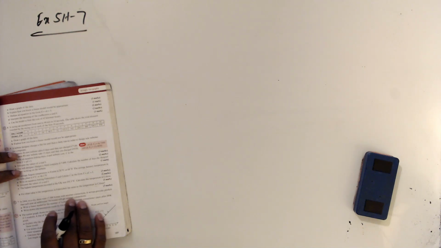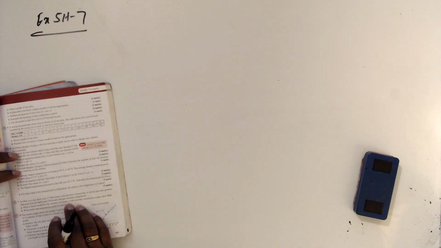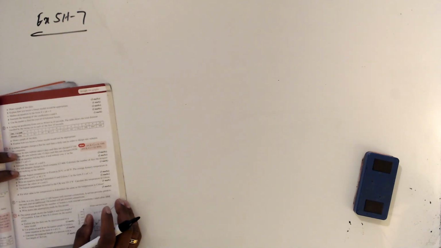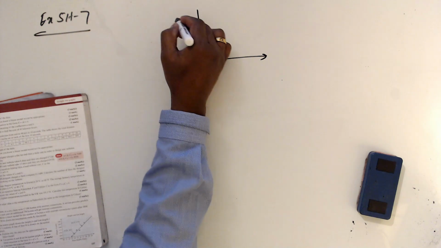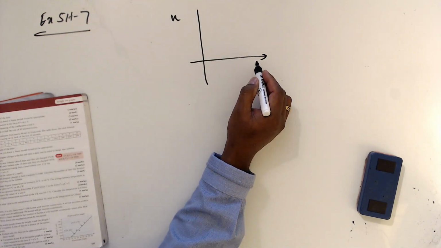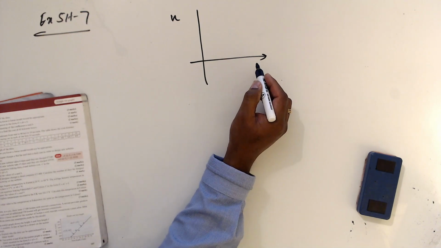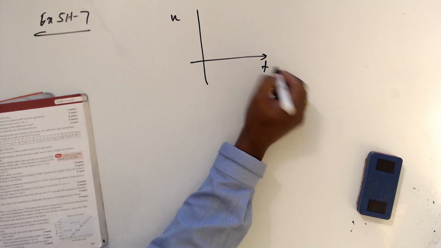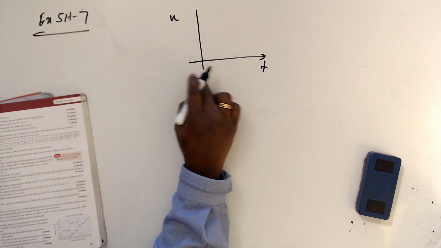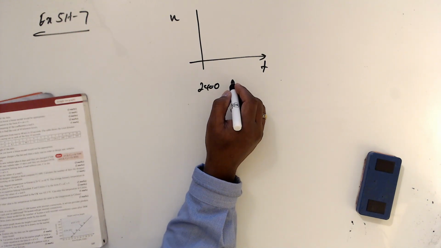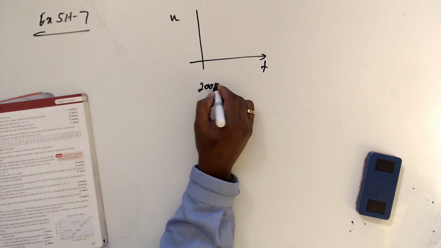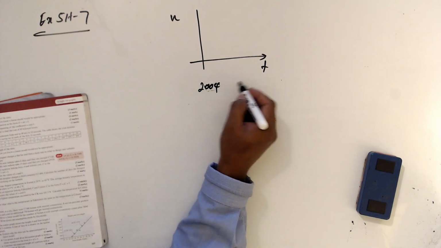Question number 7. In 2004, in the city, there were 17,500 homes with internet. N is the number of homes which have internet, and T is time. It starts in 2004.